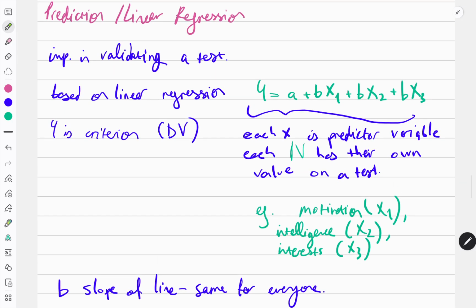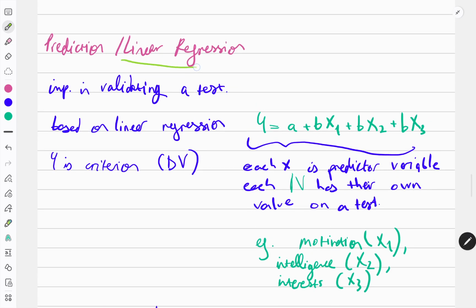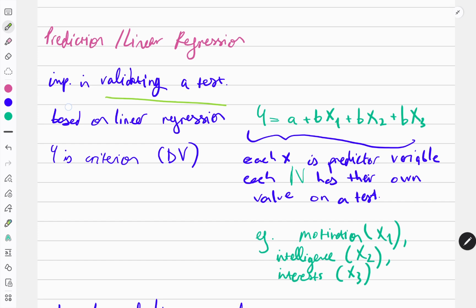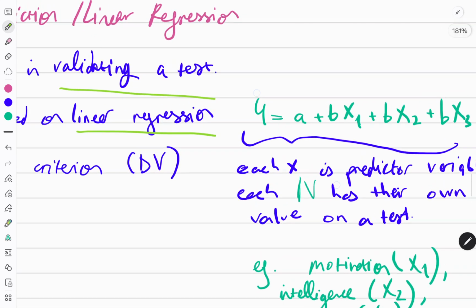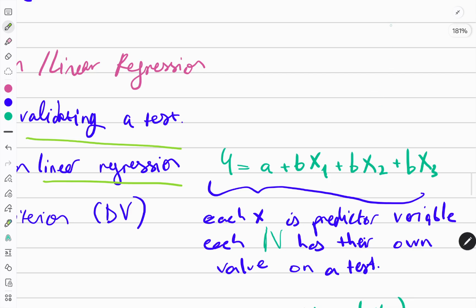So we use this formulation for linear regression, for predicting and validating a test. It is based on linear regression, as I've said, and this is the formulation that we use.